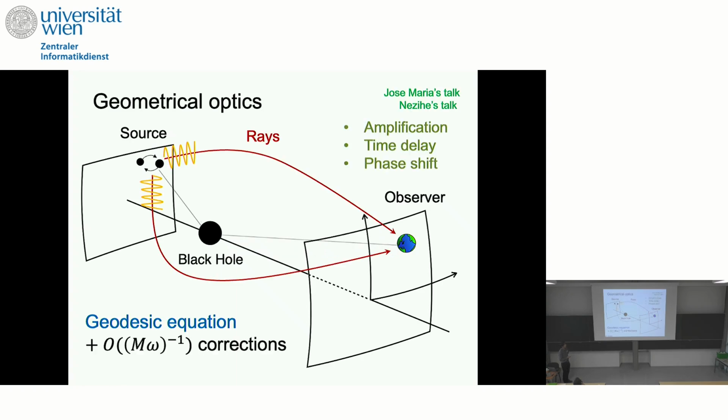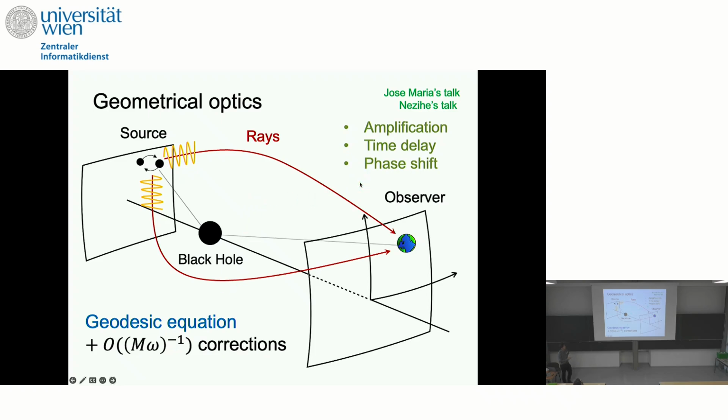If the wavelength is very short, then we can use the geometrical optics limit. In this limit, we analyze the propagation of the gravitational waves by using the geodesic equation, and basically we are focusing on the propagation of the gravitational waves along the rays, the geodesics. We can even introduce corrections of the order of the inverse of the frequency.